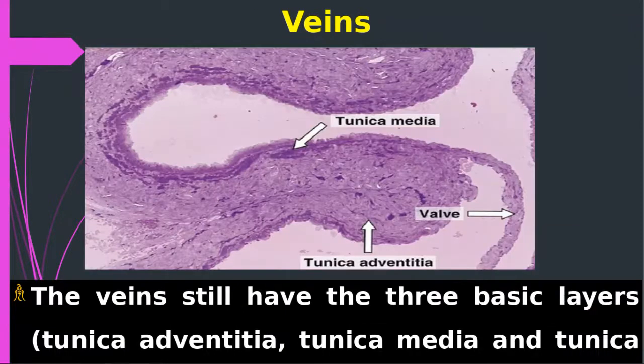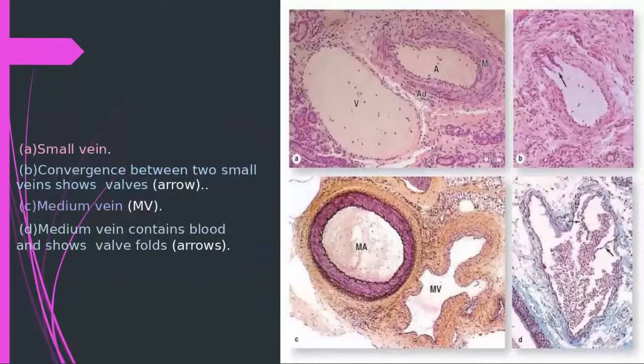Now this is a picture in which you can see the layers: tunica media, tunica adventitia, and these are all your veins. The veins still have three basic layers, but the elastic and muscular components are less prominent. Remember that. In picture A, this is a small vein and this is your artery.